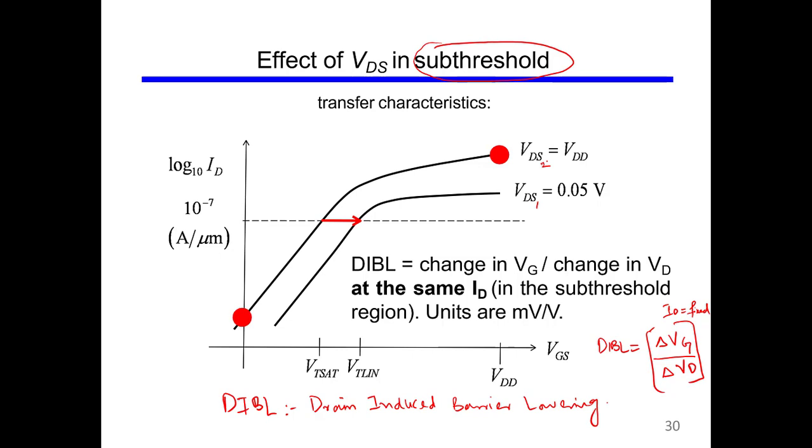You see that VGS also changes, going from VT saturation to VT linear. But the current ID should be fixed if you want to measure DIBL. The unit of DIBL is millivolt per volt.